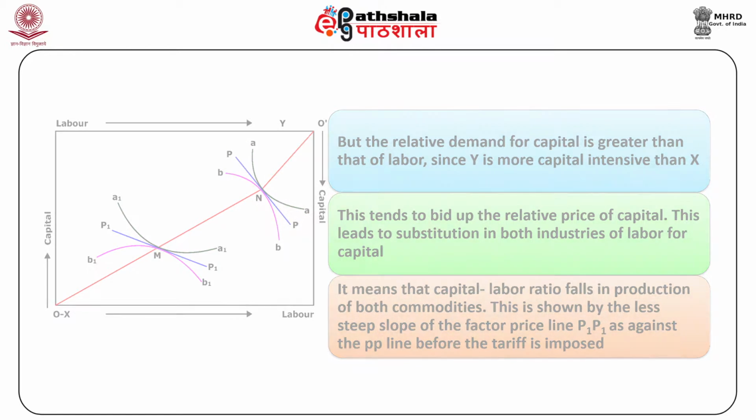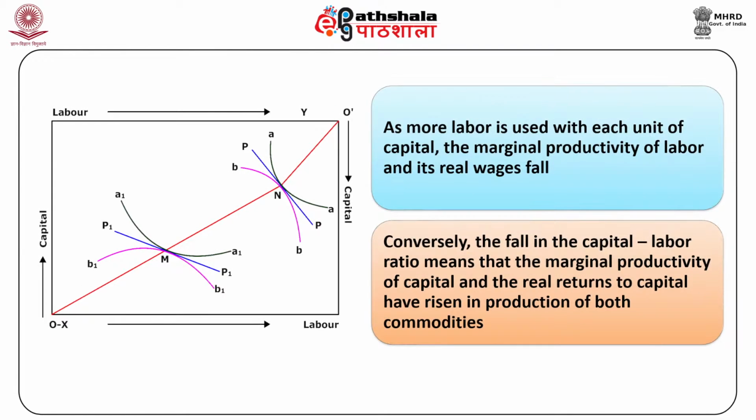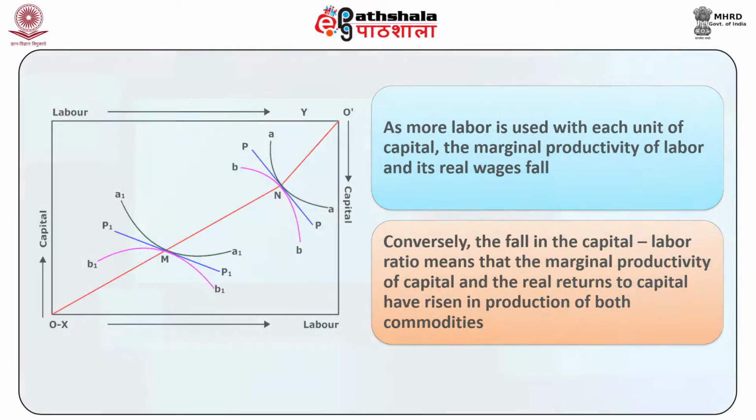As more labor is used with each unit of capital, the marginal productivity of labor and its real wages fall. Conversely, the fall in the capital labor ratio means that the marginal productivity of capital and the real returns to capital have risen in production of both commodities.